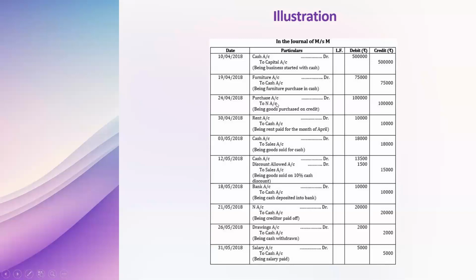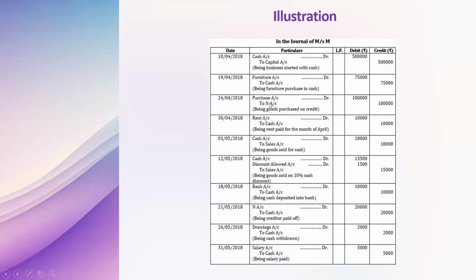And then purchase, being goods purchased on credit. Here you can see there is no mention of cash anywhere. So just mention purchase account debtor to N account creditor.